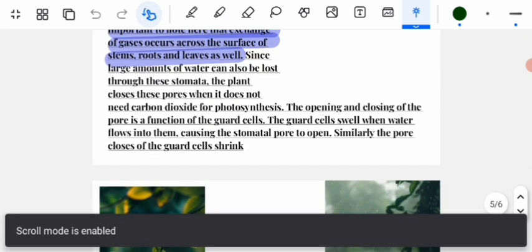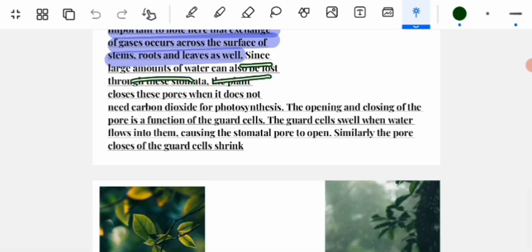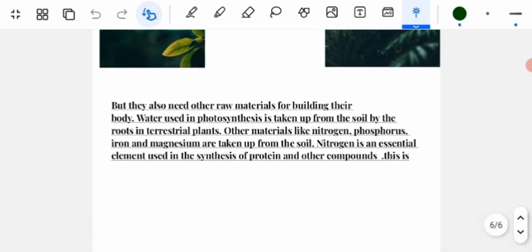And since a large amount of water can also be lost through the stomata, the plant closes its pores when it does not need carbon dioxide for photosynthesis. The opening and closing of the pore is guarded by guard cells. When the guard cells get swollen, water flows into them and causes the stomatal pore to open. Similarly, the pore closes if the guard cells shrink. This is what we have already explained.